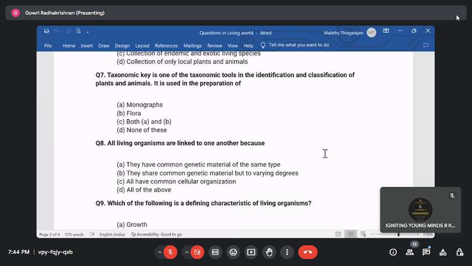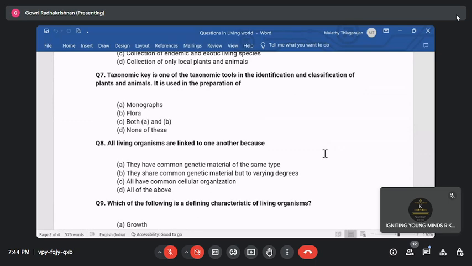You should know these terms to answer this question. Monographs give the history about a species and different animals or plants.